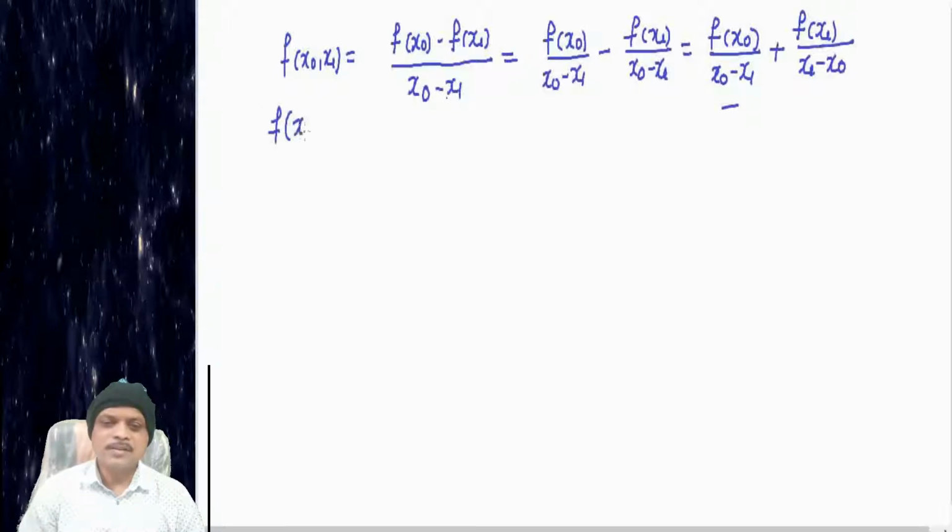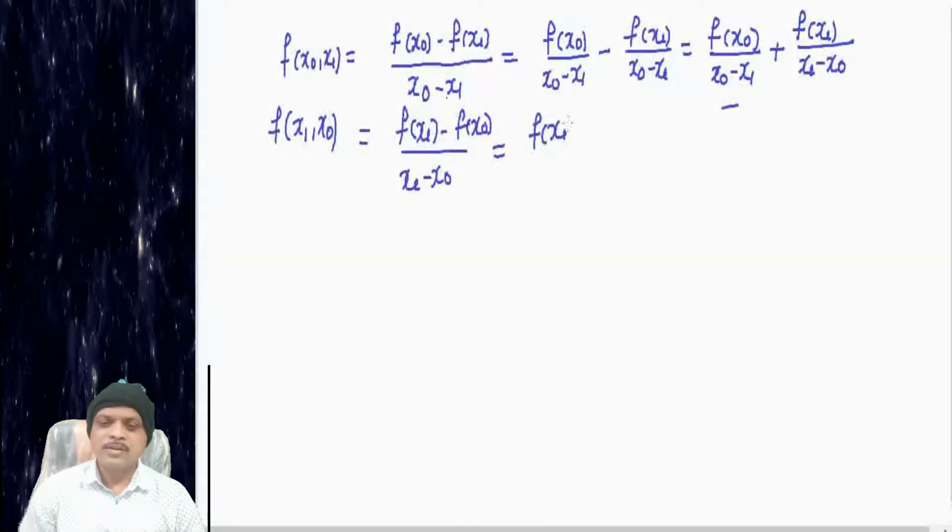Now if we consider the divided difference between these two, x1 and x0, then by definition this is f of x1 minus f of x0 divided by x1 minus x0.